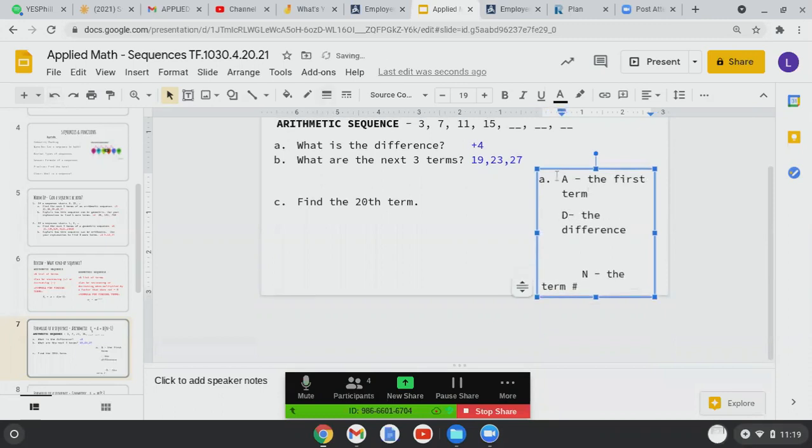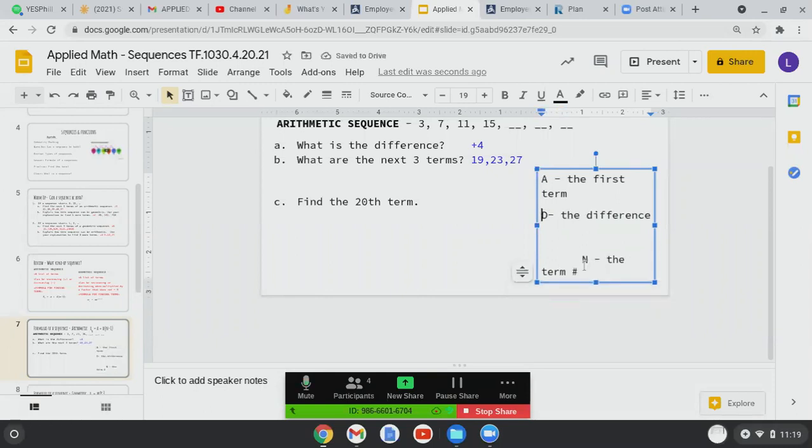D is the difference, A is the first term, and N is the term that we are looking for. All right, so now that's better.